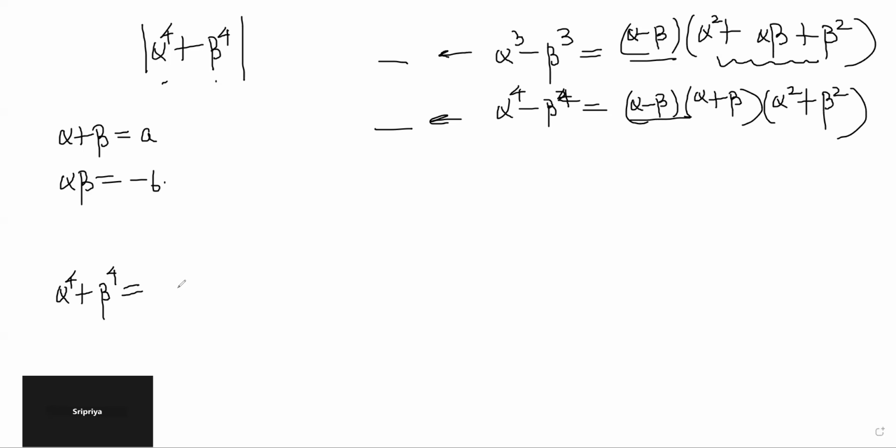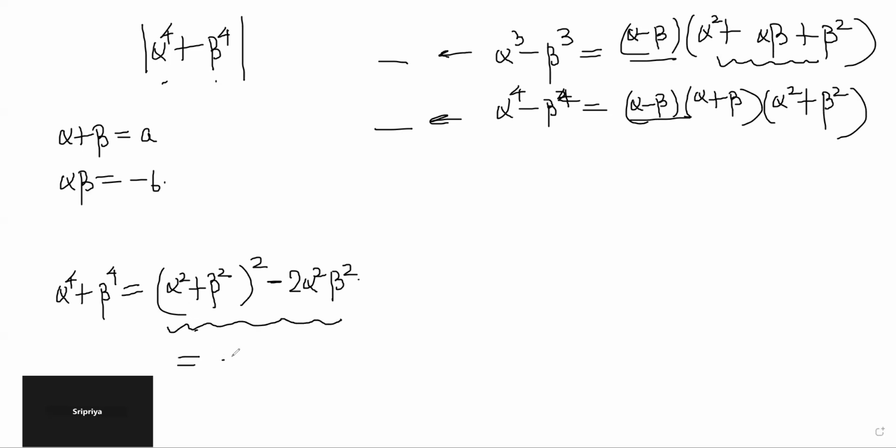Write it as alpha plus beta whole square minus 2 alpha beta whole square minus 2 alpha square beta square, right?